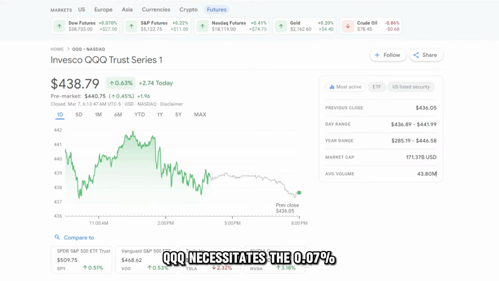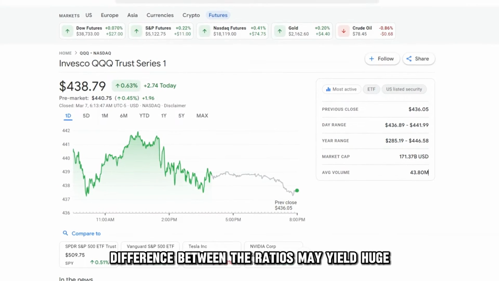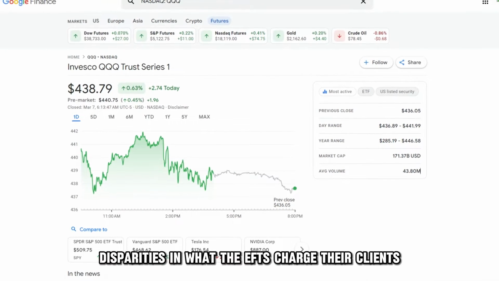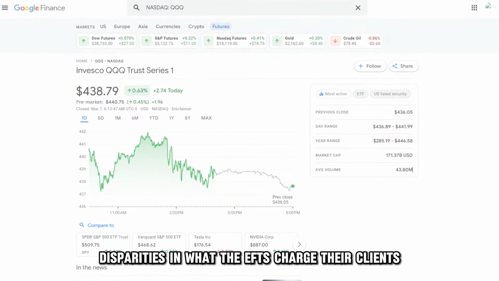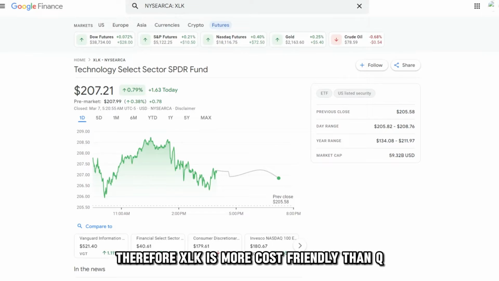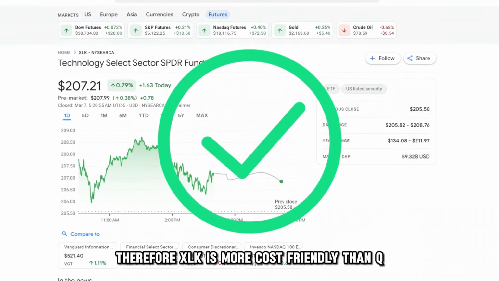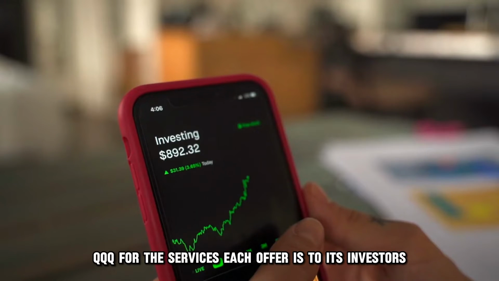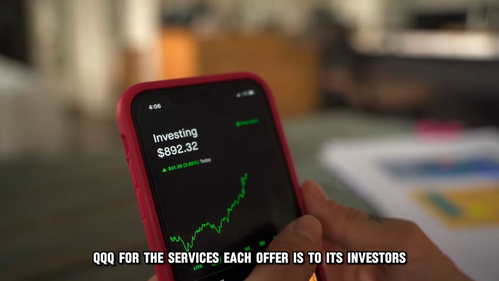The 0.07% difference between the ratios may yield huge disparities in what the ETFs charge their clients, especially for huge stock shares. Therefore, XLK is more cost-friendly than QQQ for the services each offers to its investors.